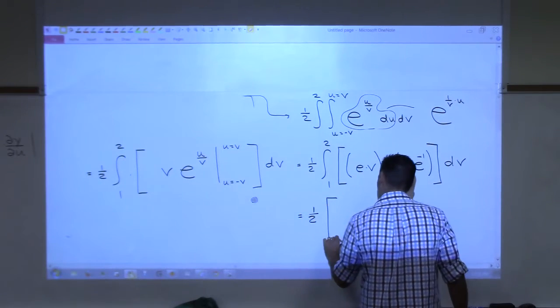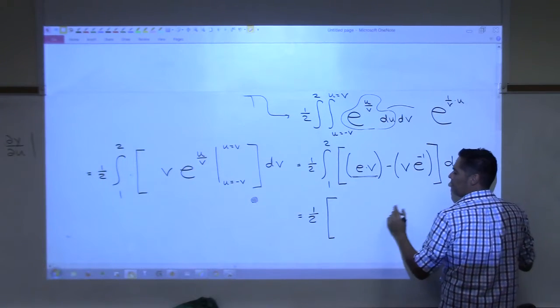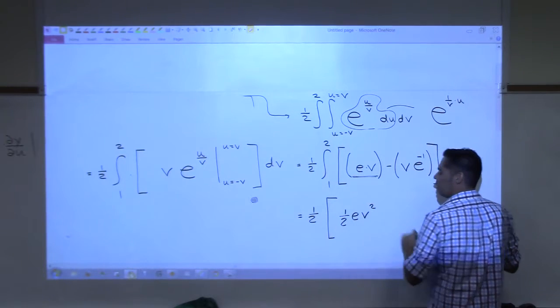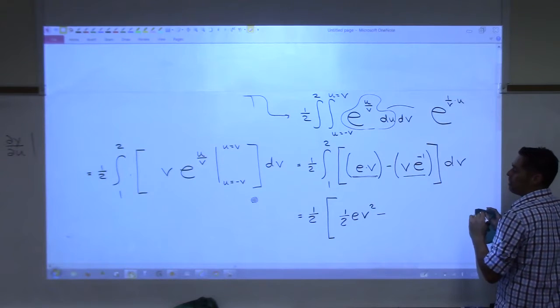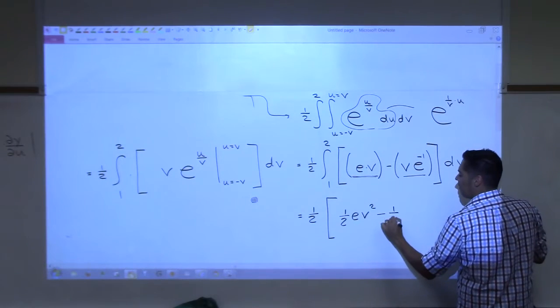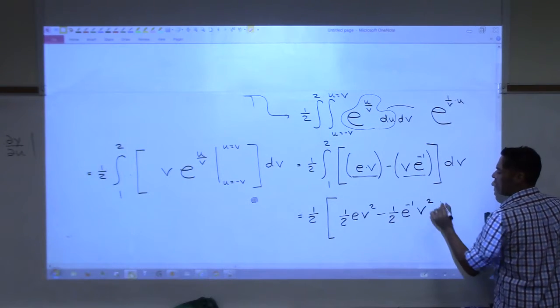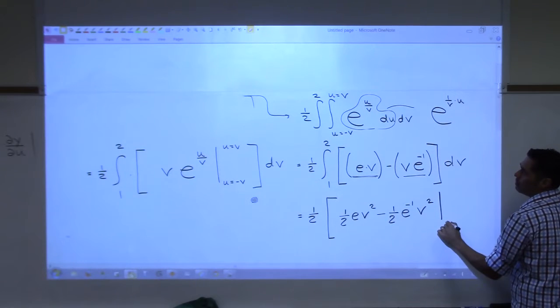Here comes the integration. I'm going to do these term by term. What's the antiderivative of this with respect to v? 1/2 e v squared. And then minus the antiderivative of this with respect to v is again 1/2, with e to the negative 1 out front, v squared again like that. And I'm evaluating this from 1 to 2.